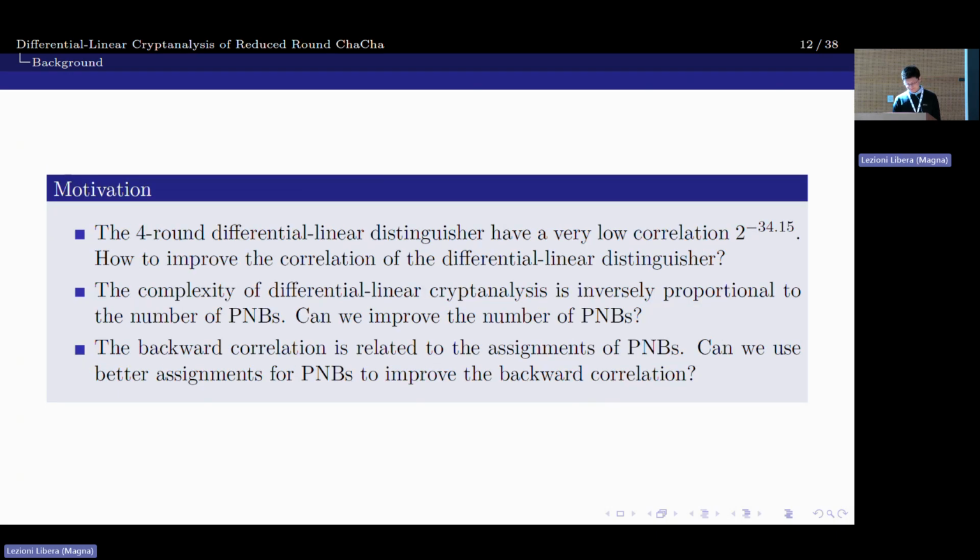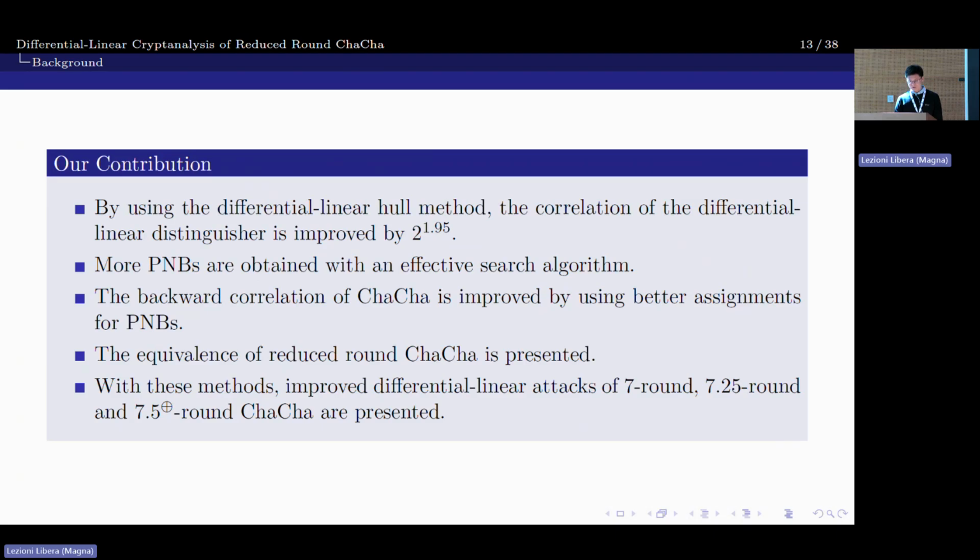Our motivation. The first one is how to improve the correlation of the differential-linear distinguisher. The second one is, can we improve the number of the PNBs? The third one, use better assignments for PNBs, so we can improve the backward correlations. So we use the differential-linear Hull method.